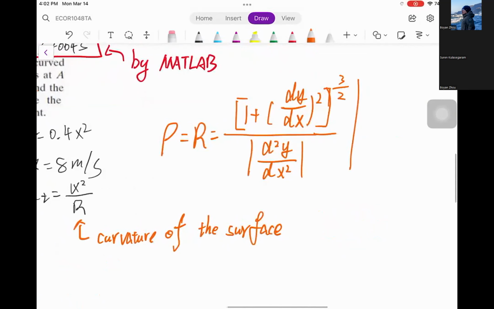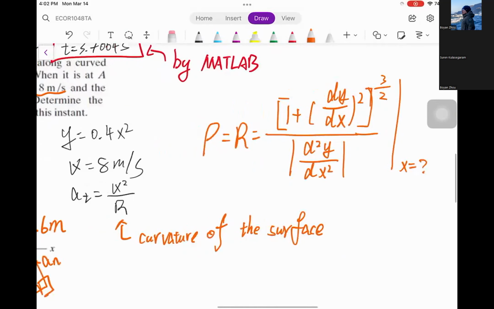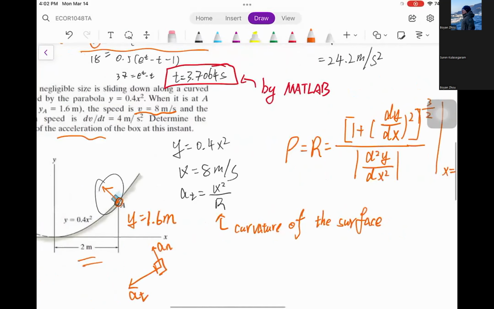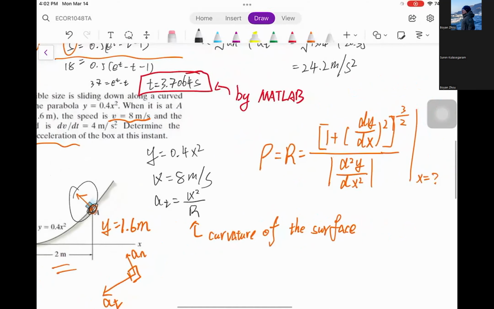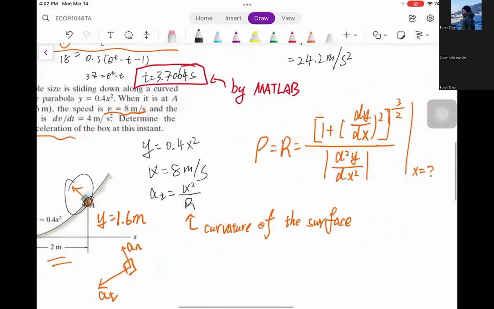And then we're just evaluating when x is equal to whatever number you want. So in this case, we're solving at this point, so we have x equal to 2 meters.